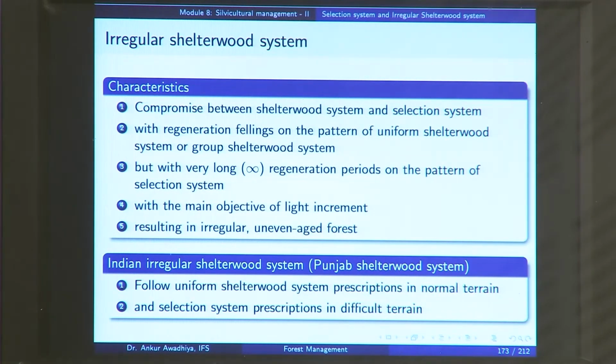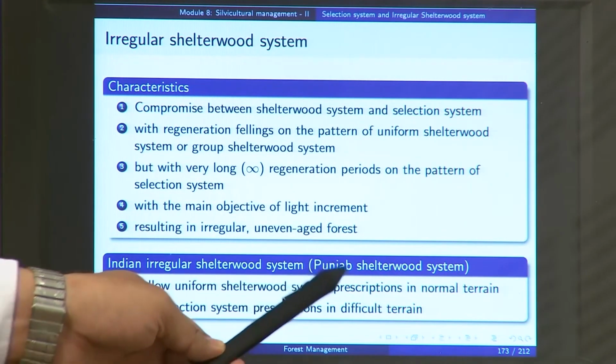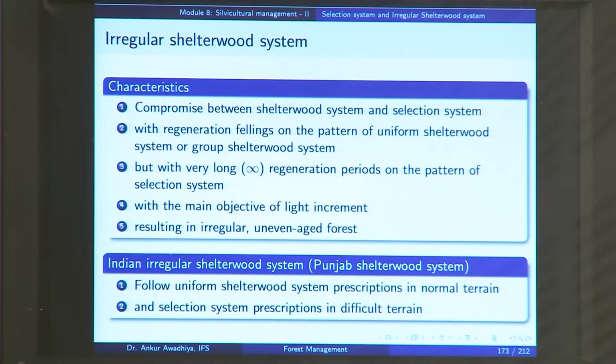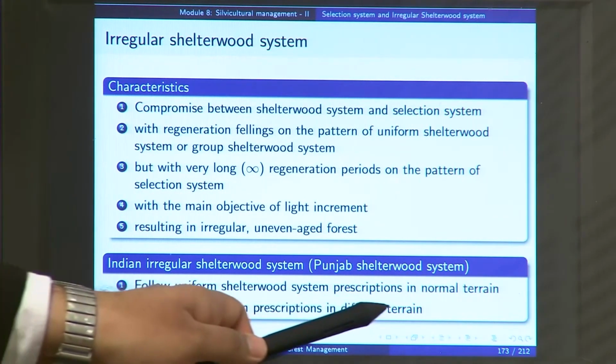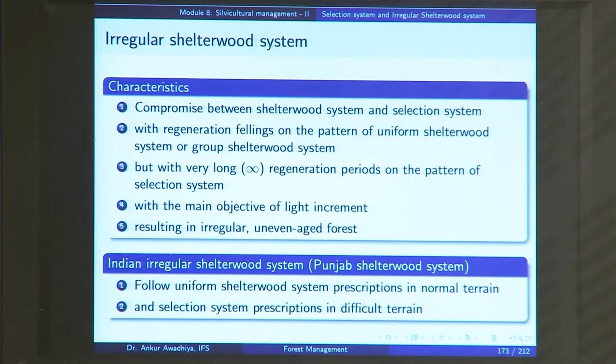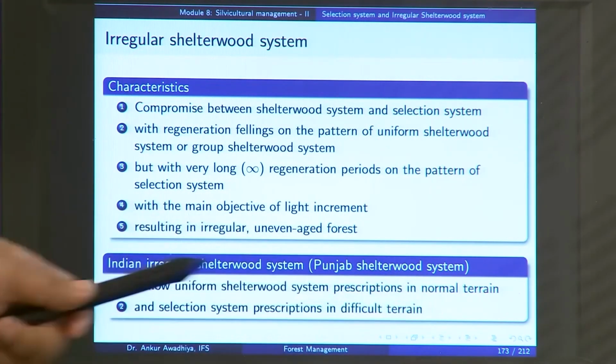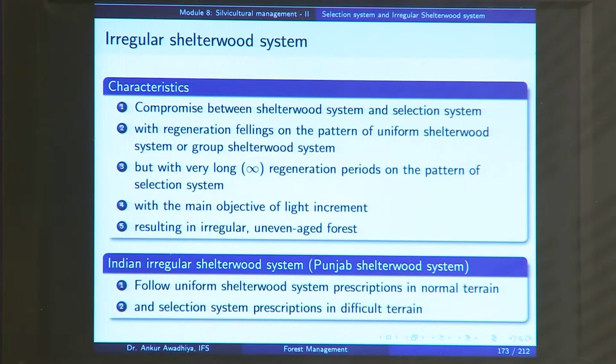So, a good example is the Indian irregular Shelterwood system, also known as the Punjab Shelterwood system. And what do you do here? If you have a terrain that is difficult, if you have a rugged terrain, if you have a hilly area, you go for a selection system, plain and simple. But if you have a normal terrain, you go with a uniform Shelterwood system.